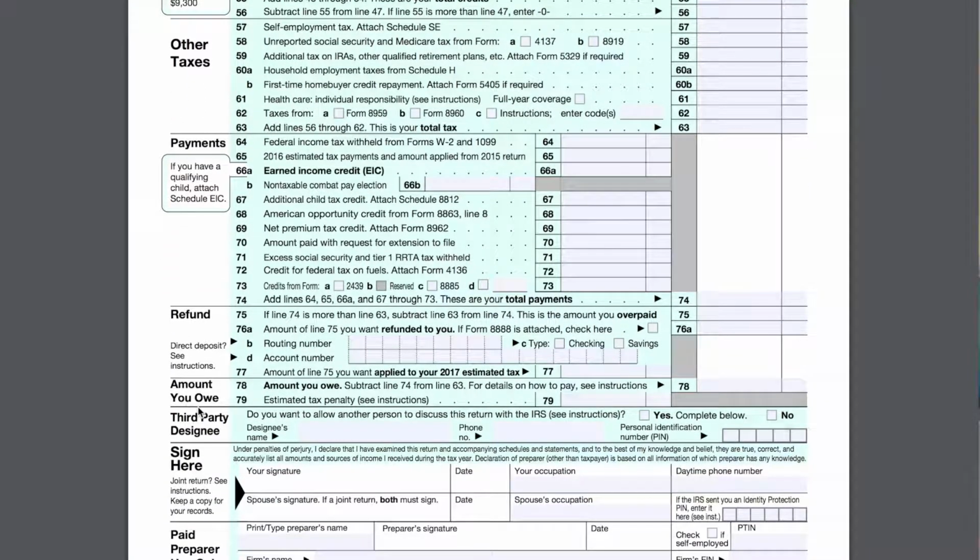And then we look at the amount that's already been remitted to calculate the amount that we continue to owe or the refund that we may receive.